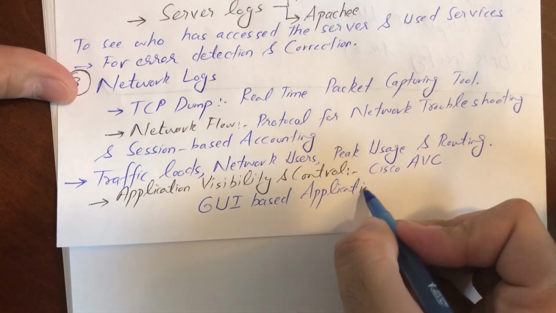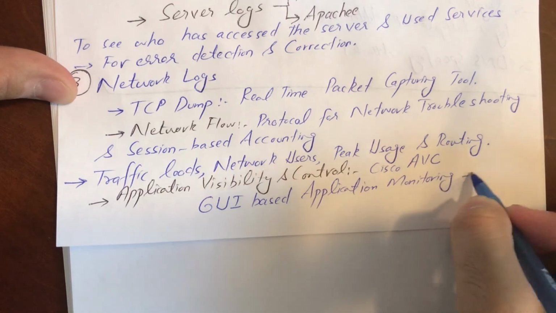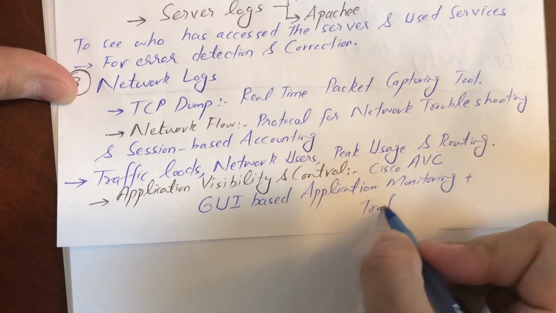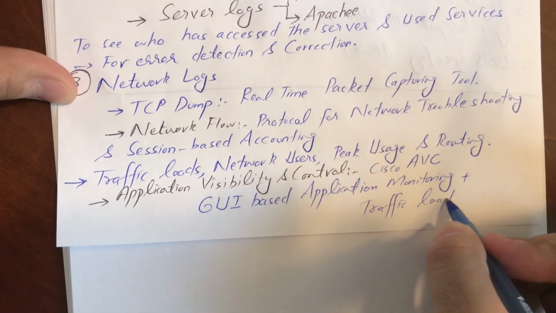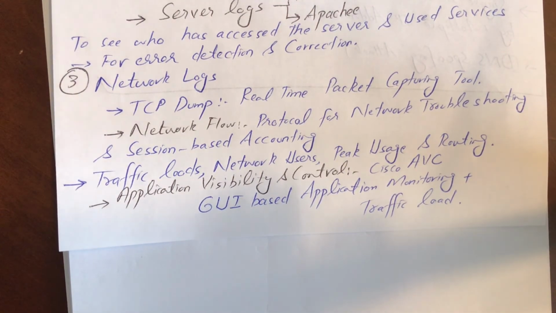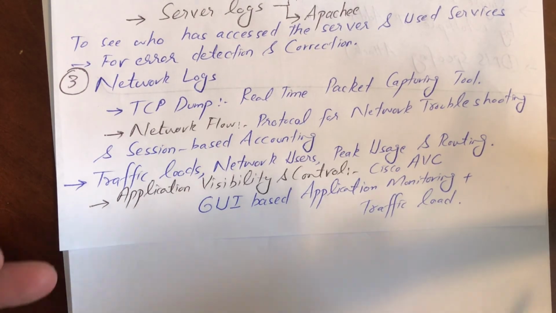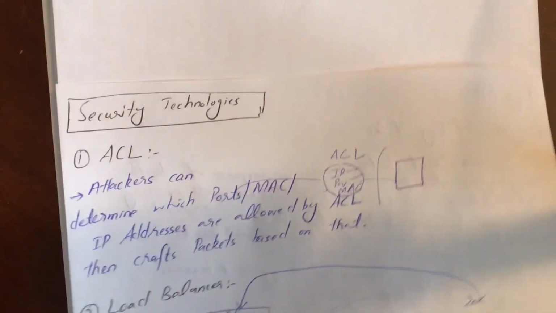So it's GUI based application monitoring plus traffic load. So we can monitor the application, for example, if there is a specific application running on different network devices, by using AVC, we can see the load of the application, what kind of traffic is being transmitted and all that stuff.